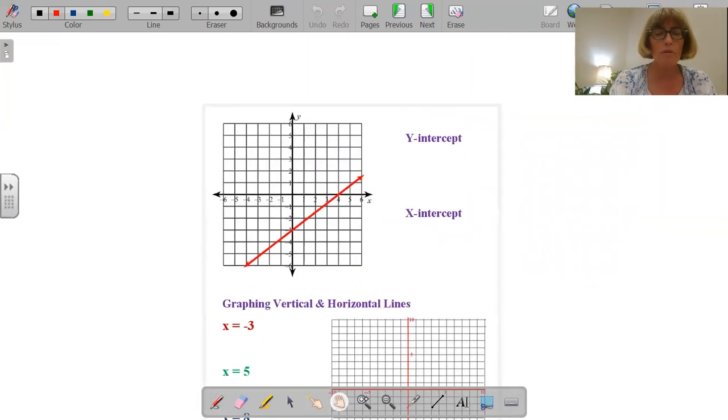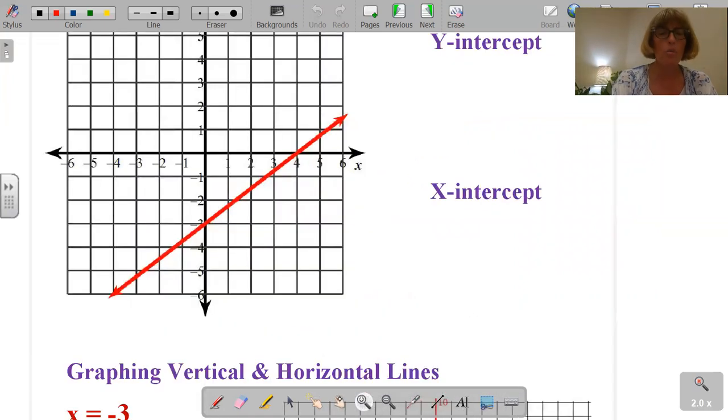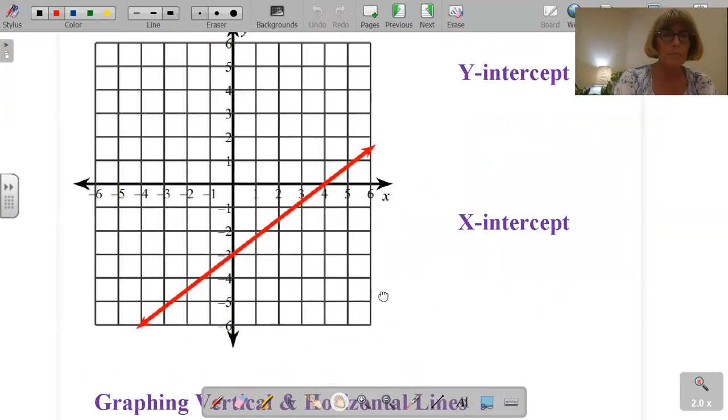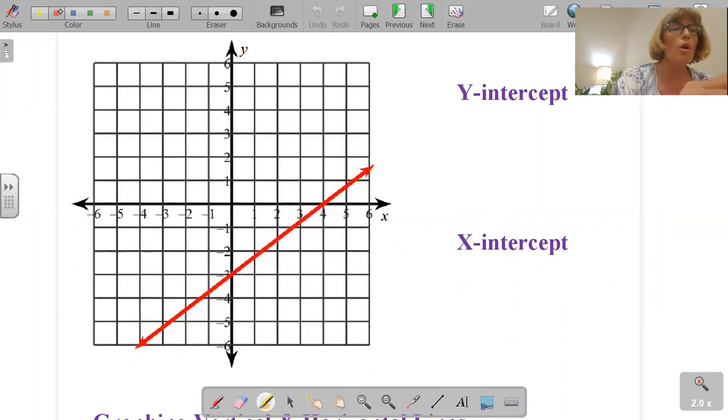Other terms you need to be familiar with are the x and y intercept. The y-intercept is where it crosses the y-axis. So our y-intercept here is the point, and it's a coordinate point, (0, -3).